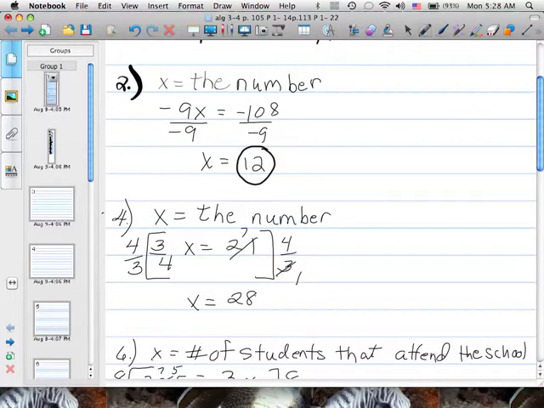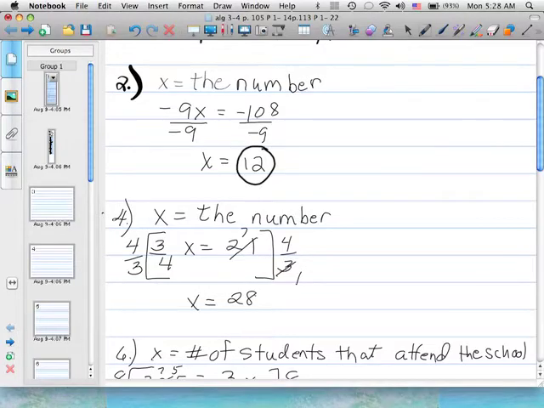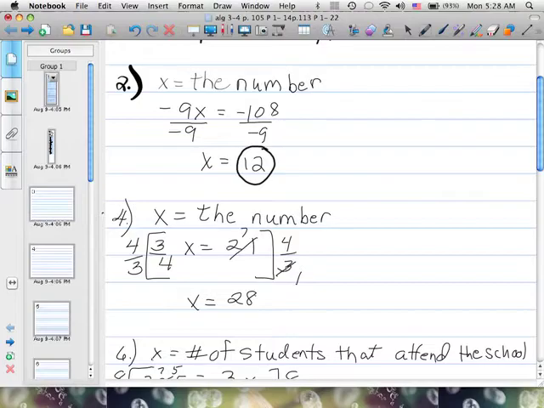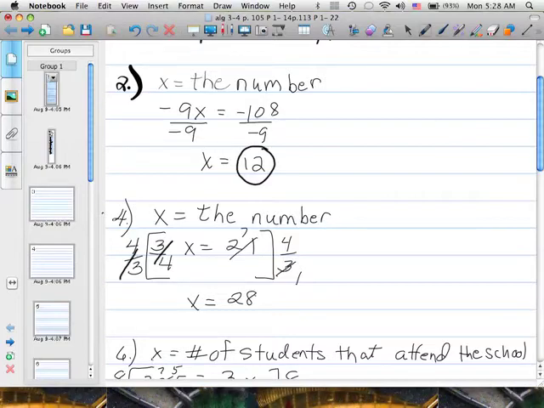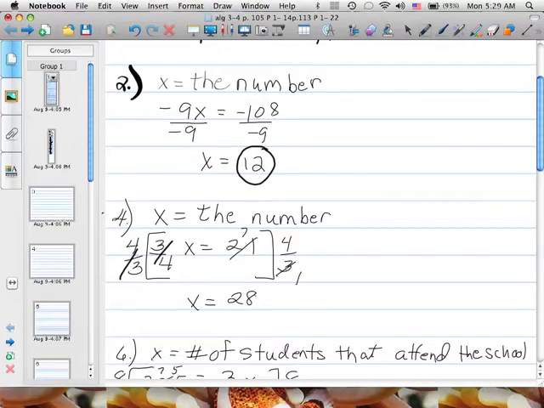Problem number 4. It says 3/4 of a number is 21. Find the number. Again, we let x equal the number. 3/4 of a number is 3/4 x equals 21. To solve, we use the reciprocal of 3/4 and multiply both sides by it.